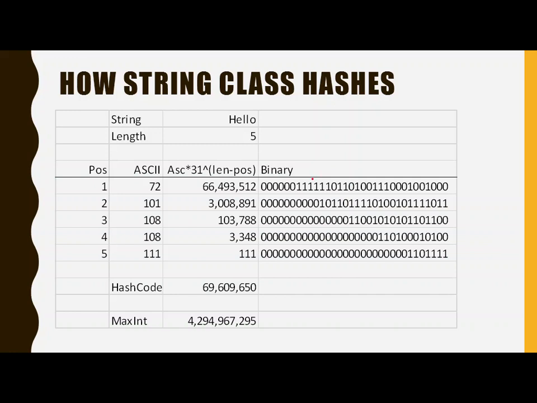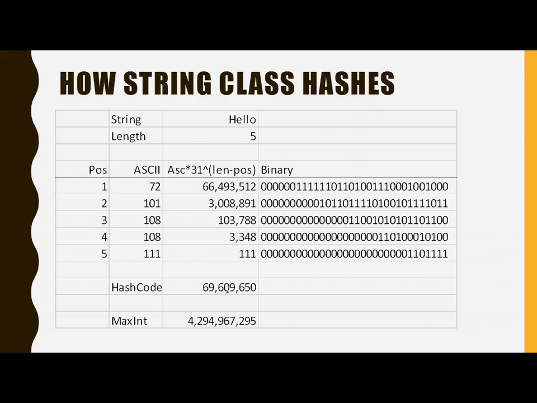So this one has a little room to itself, and this one kind of has a little bit of room, and then this one moves over here, and this one moves over here, and this one's over here. So if you now added all of that together, you could get that hash code. So it seems big, but of course maxint is plenty bigger than this, right? Not a problem at all.